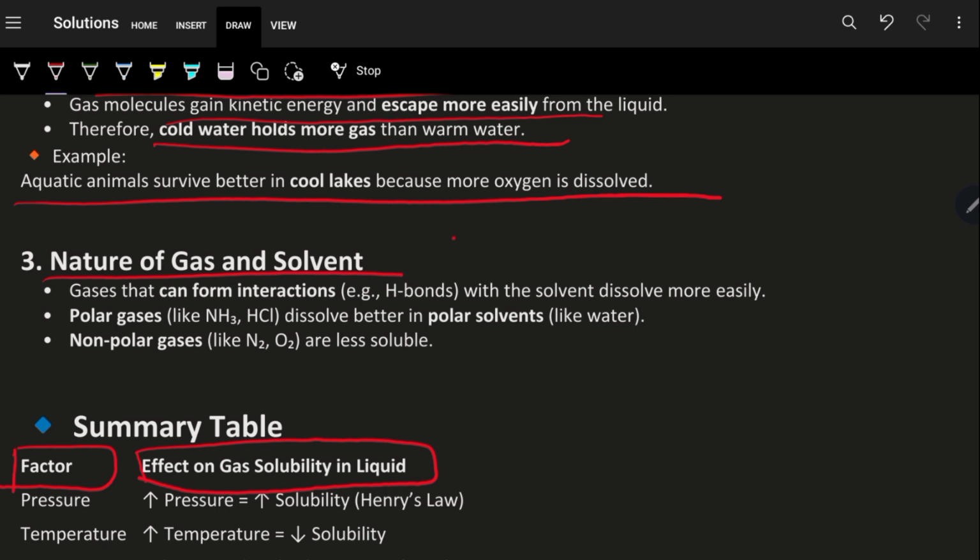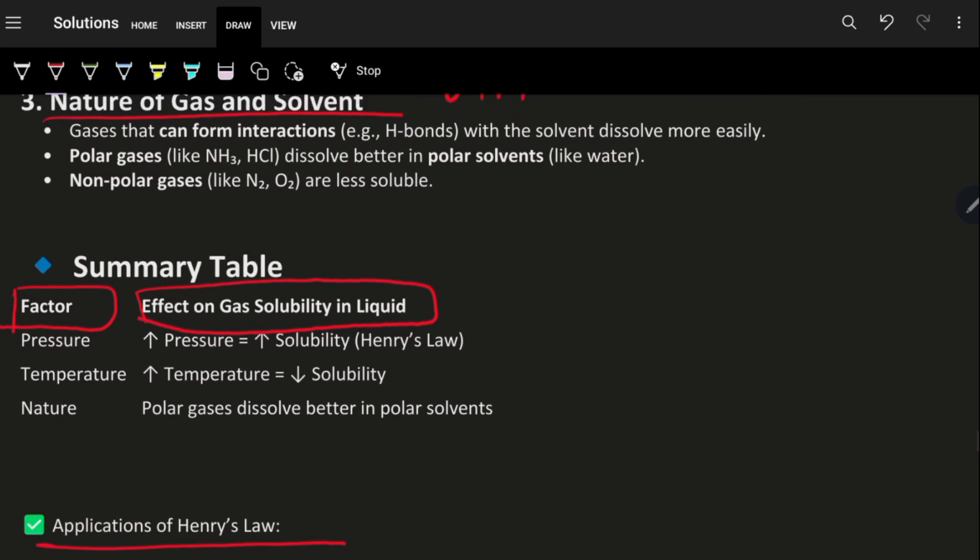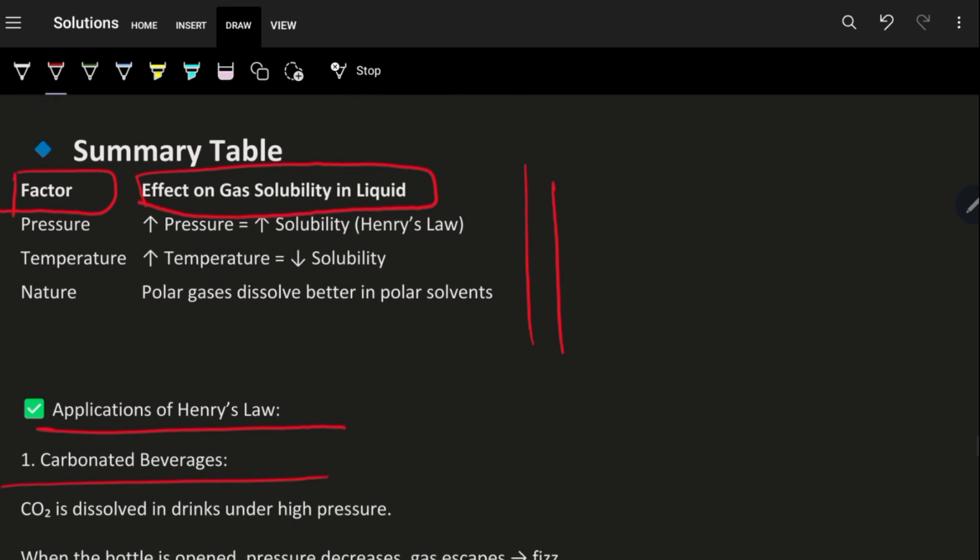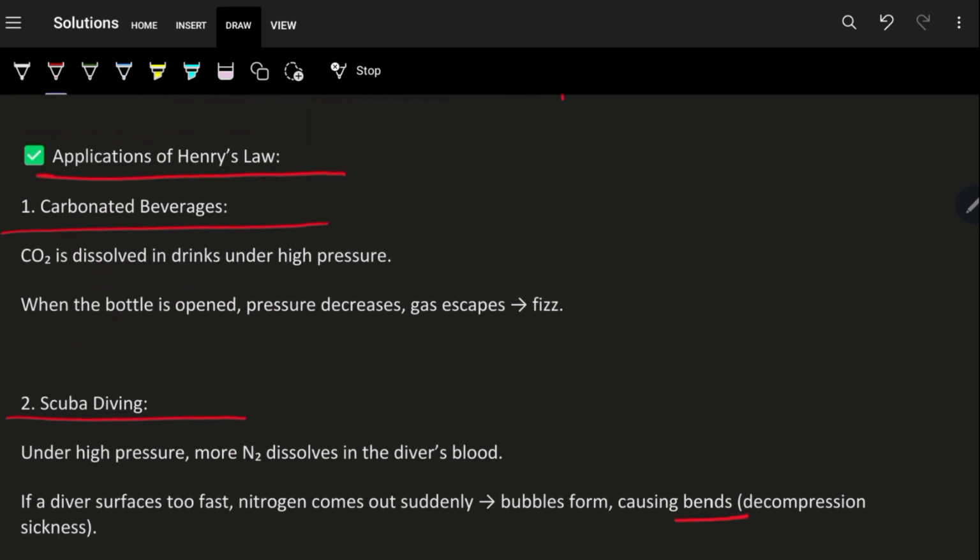So oxygen, fluorine, nitrogen are capable of forming hydrogen bonding. Non-polar gases like N2 and O2 are less soluble in water because their polarity is less. Again, this is a summary table of whatever I have told you just now. Application of Henry's law.